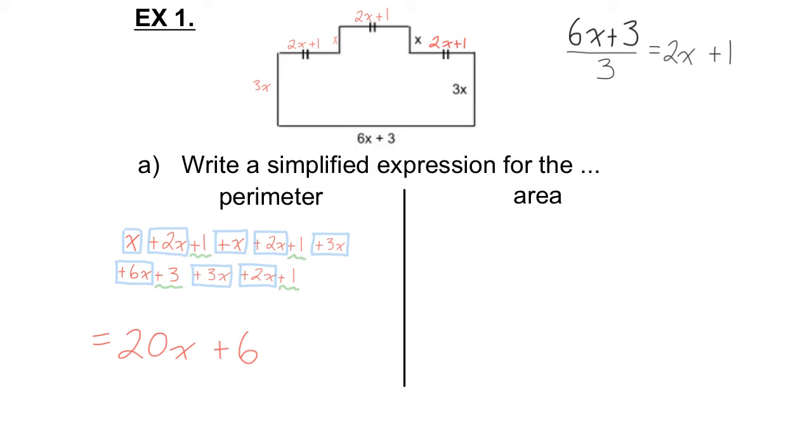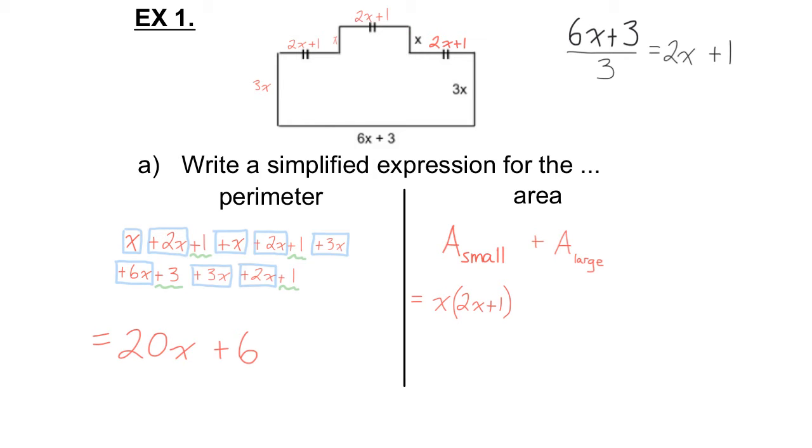And now to find an expression for the area, we're going to break the composite shape into smaller pieces. So we have this small rectangle at the top and the large rectangle on the bottom. We can take the area of the small rectangle and add it to the area of the large rectangle. So the area of the small rectangle is length times width, so x times 2x plus 1.